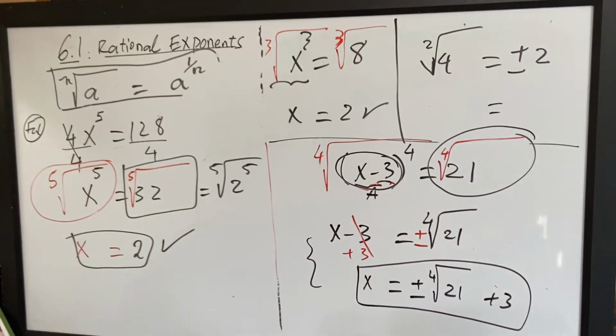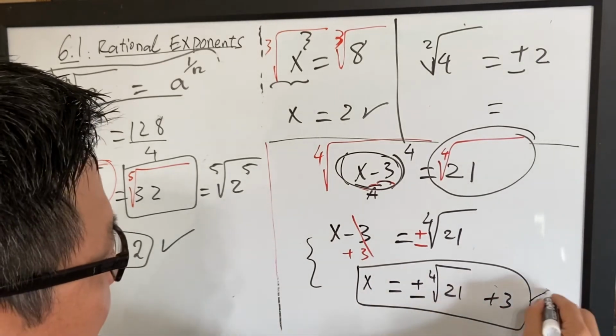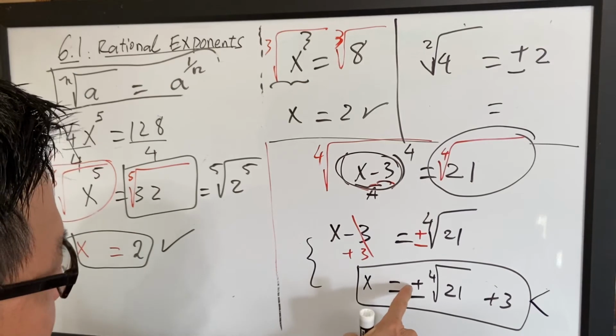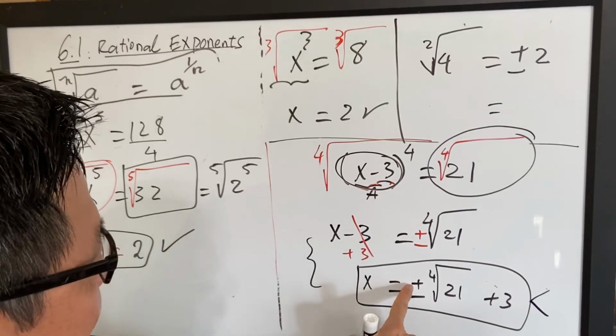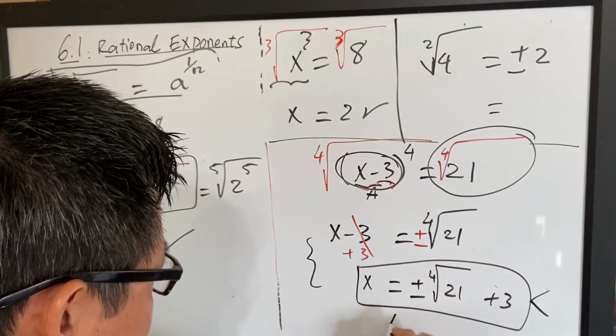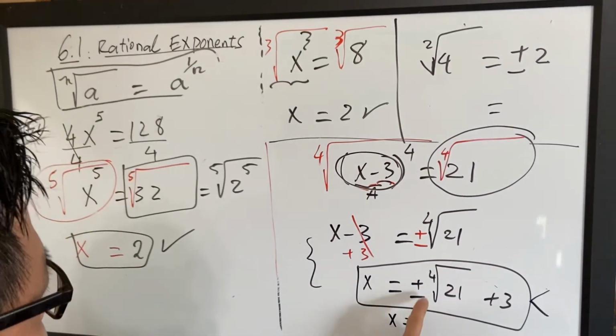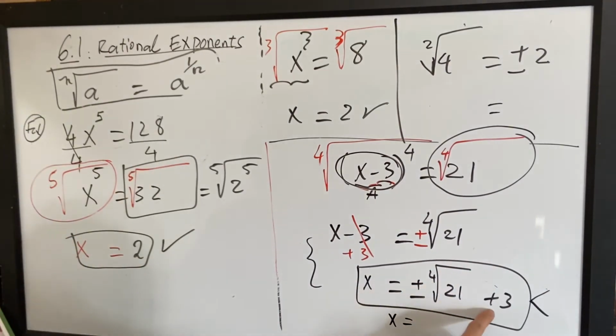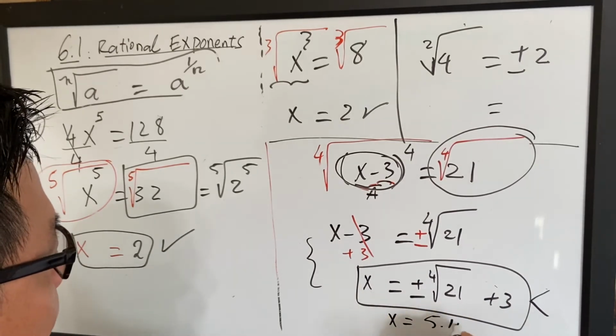Okay, I boxed this one for you. And now you can see, technically, use your calculator. You will have 2 values. If x is positive, the 4th root of 21 plus 3, that will give you 5.14.